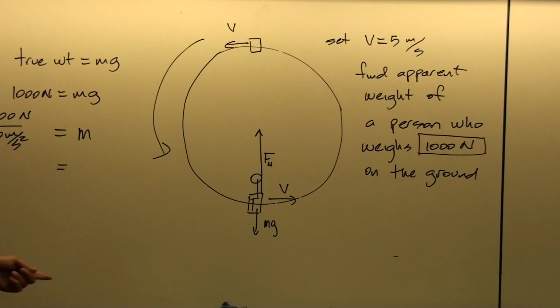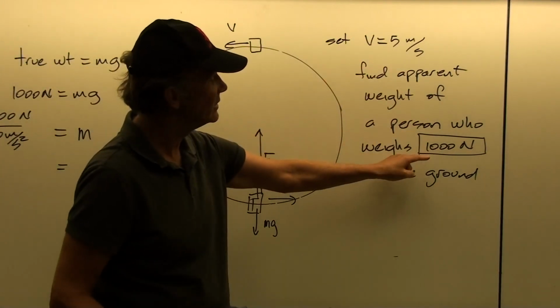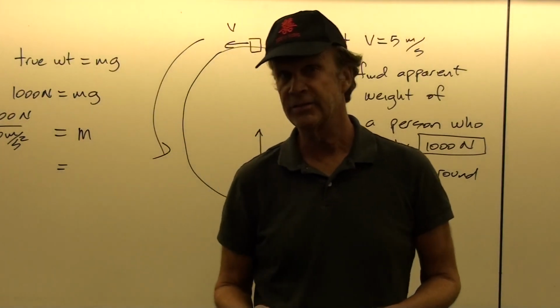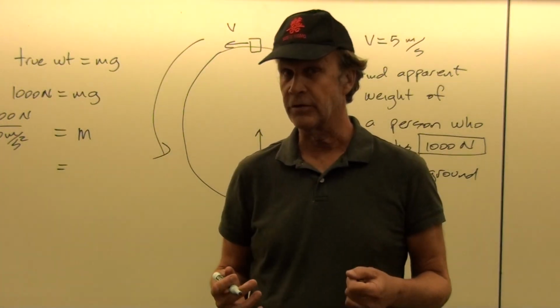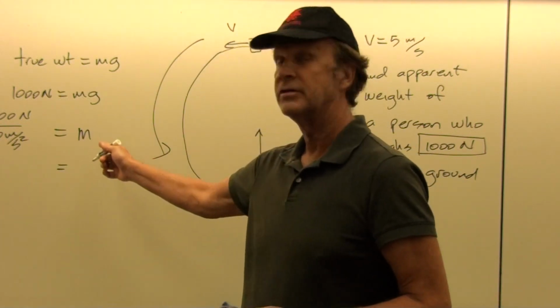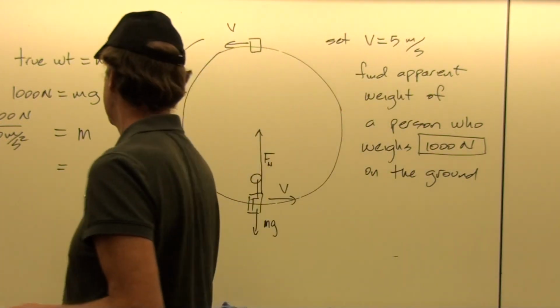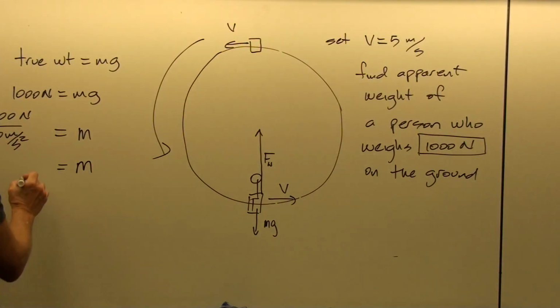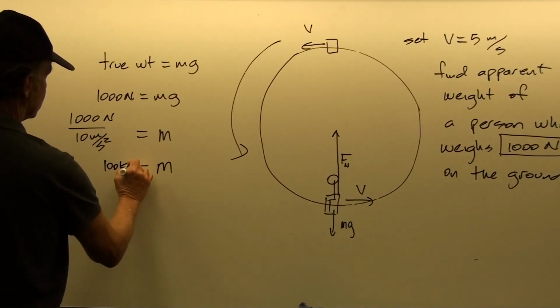This is something we always want to do if we're given the weight of a mass and we're using F equals ma: we have to convert that into a mass first before we do anything else. So just drop everything you're doing, convert it into a mass, and then you can move on. The mass is going to be 1,000 divided by 10, or 100 kilograms.